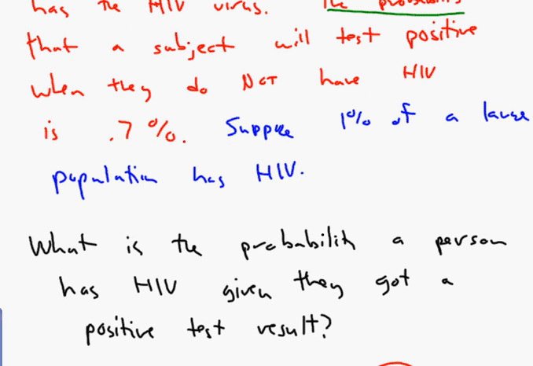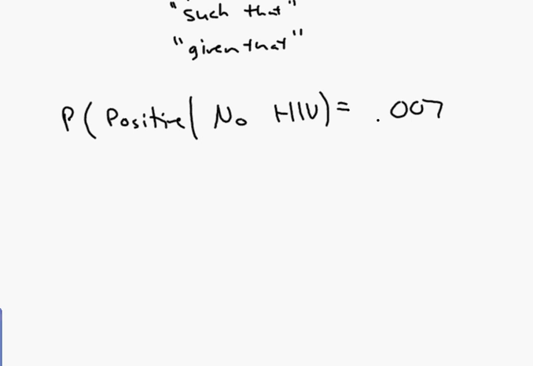What is the probability that a person has HIV, given they got a positive test result? When you think about that, that's different than the information that's given in the problem. We can write that in our conditional probability notation. So let's make a note here.